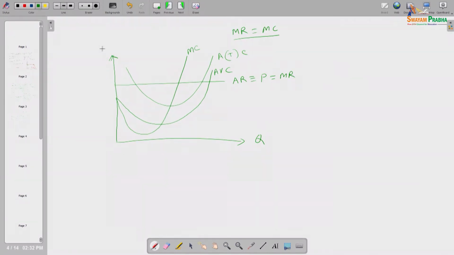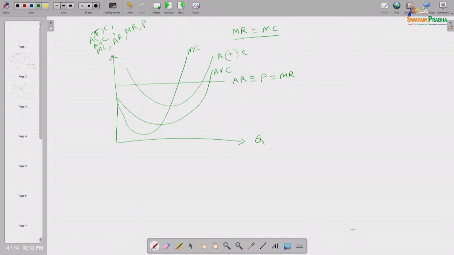In the vertical axis, other than quantity, whatever different variables appear in this diagram, we are measuring all of them on the vertical axis: average total cost, average variable cost, marginal cost, average revenue, marginal revenue, price, everything on the vertical axis.